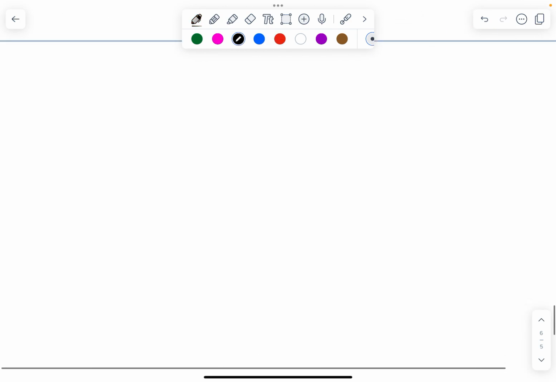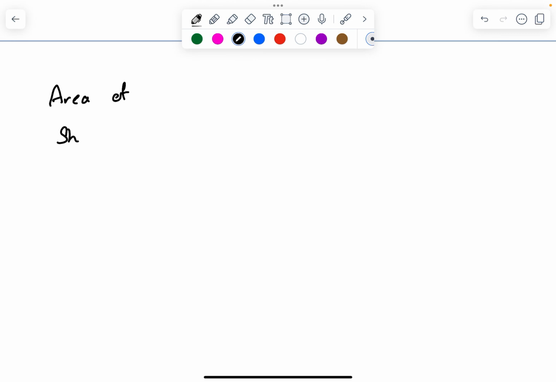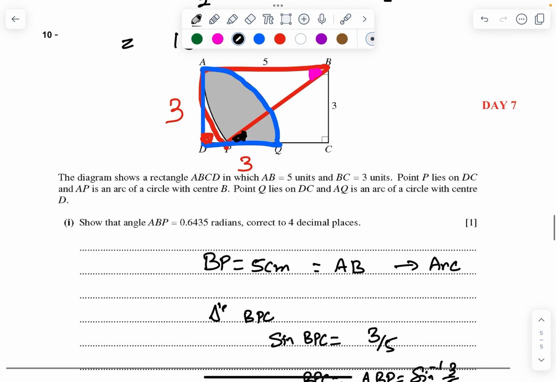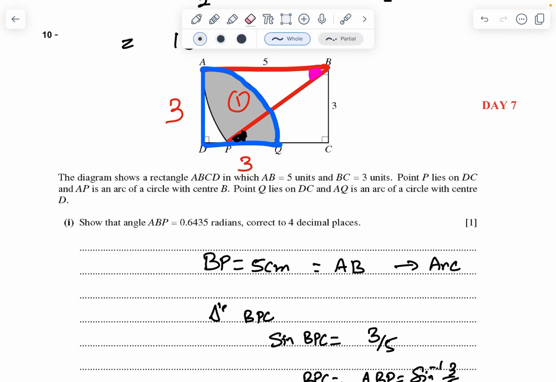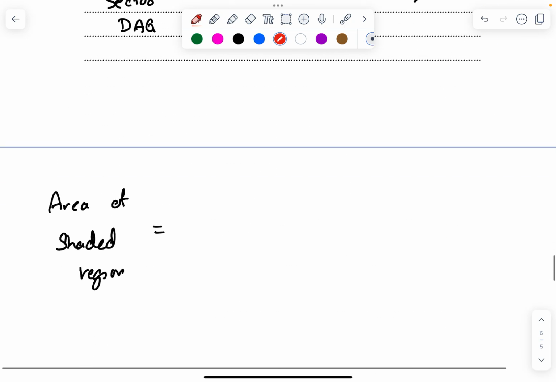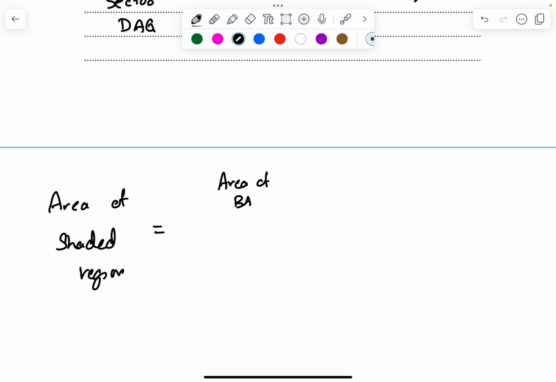If I find the area of the sector BAP, it will become 1 plus 2, which is 8.04.